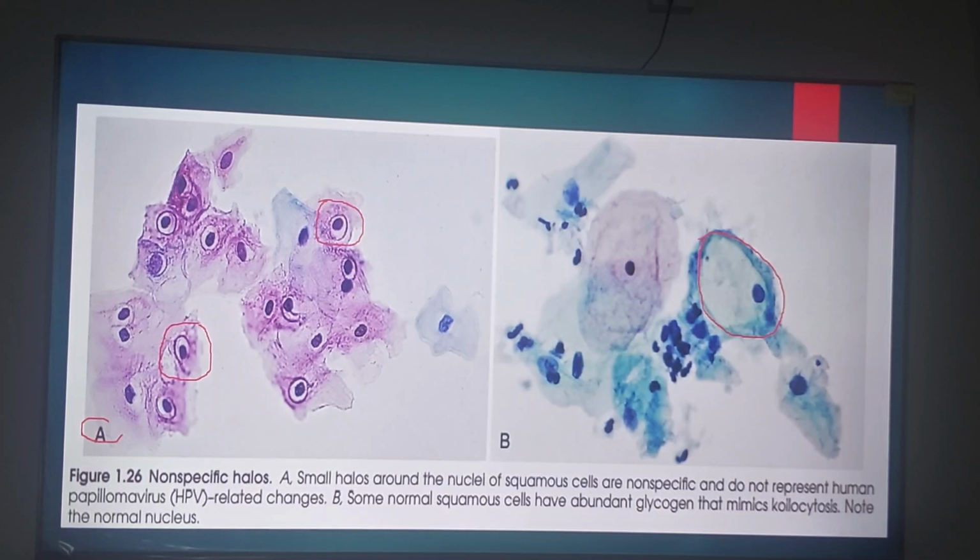But in this halo, some normal squamous cells have abundant glycogen. This shows abundant glycogen that mimics koilocytosis. This is also called mimic koilocytosis. That is the significant feature of the HPV virus.